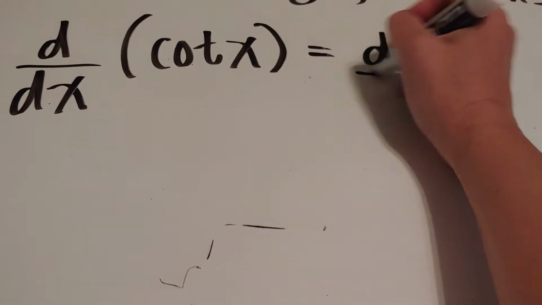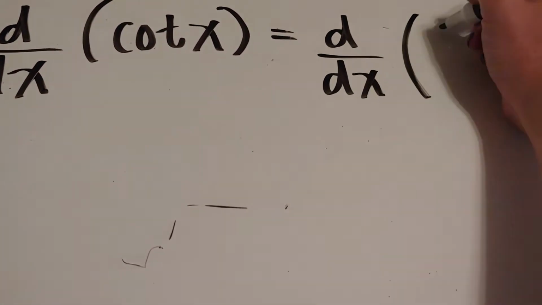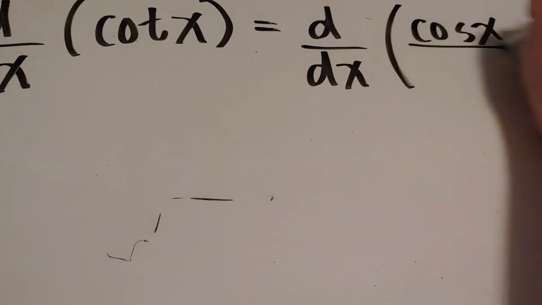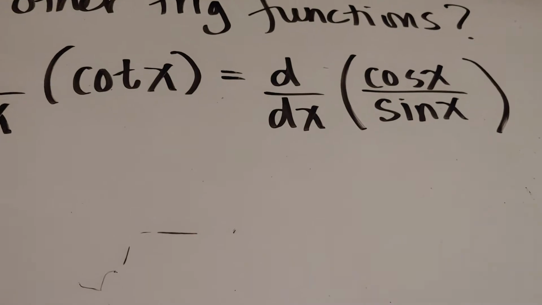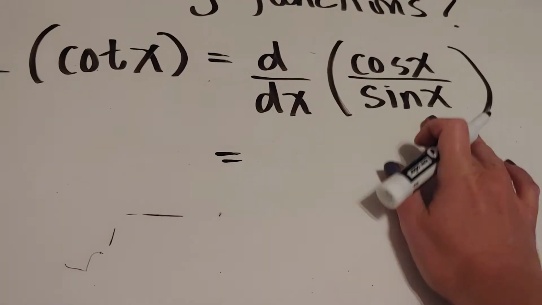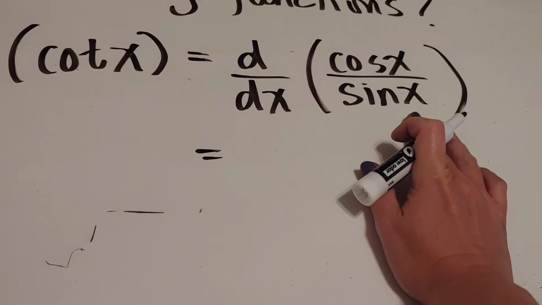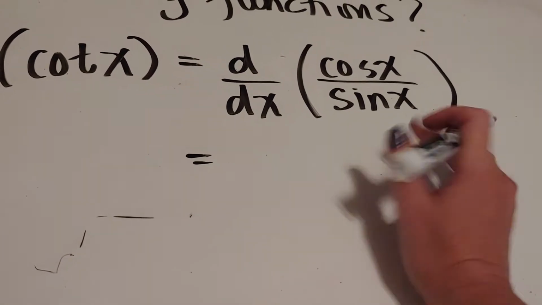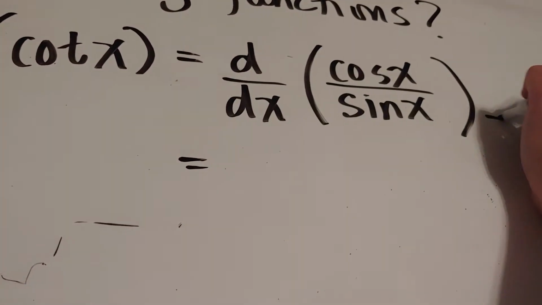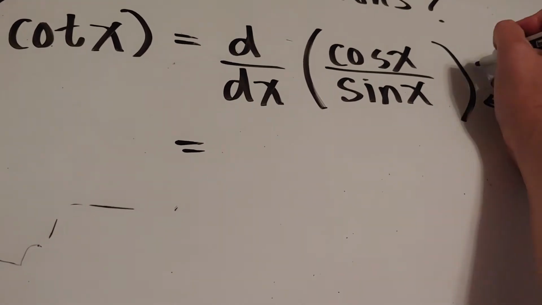What I'm going to do is take cotangent and rewrite it as cosine over sine. That's what cotangent is, cosine over sine. Now I'm going to do the quotient rule on this. So I'm going to do low d high minus high d low, square the bottom, don't touch it. Remember low and high.